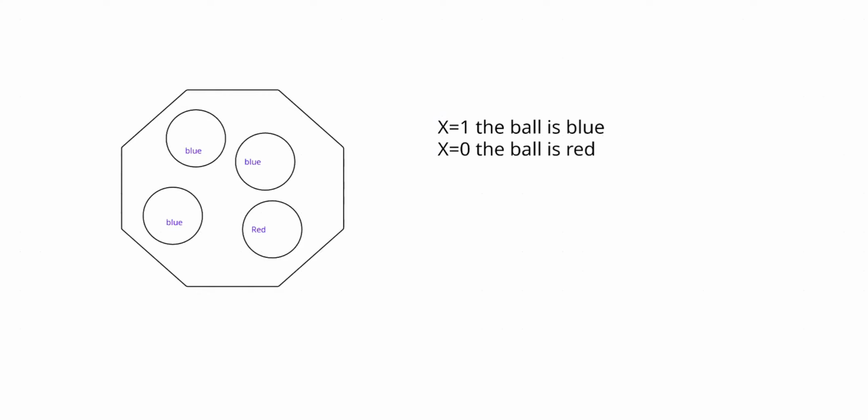By default we have 4 balls in total, so we can easily compute the probabilities of X from the actual values. The probability of X being 0 is equal to 1 over 4.